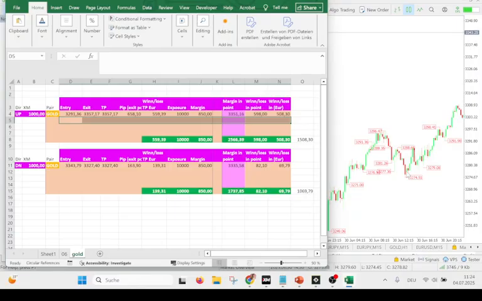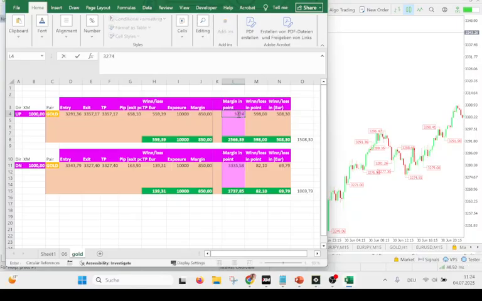Let's see how much you would have needed here. So in this point, if we take the minimum, 3274.51, you would have needed 170 pips as margin. And how much could you have been making that day?